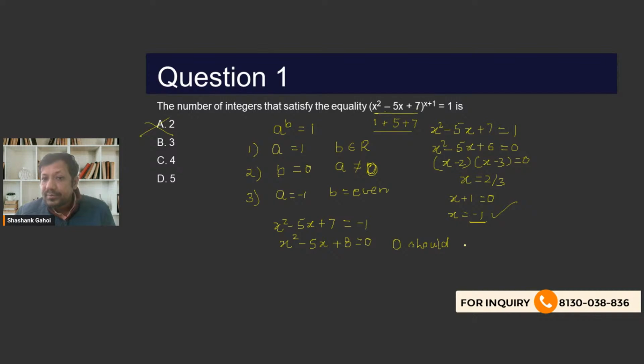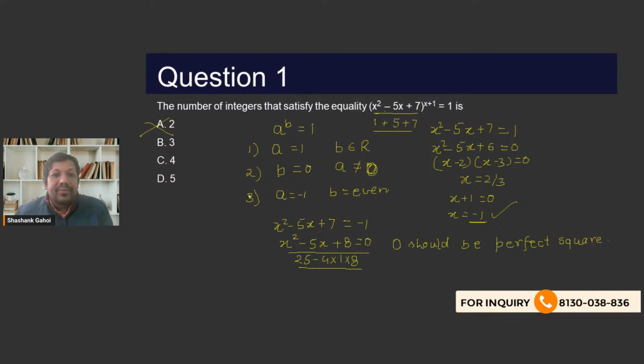And what is D? D is B square minus 4AC. So let us check for it. That is going to be B square, 25, minus 4, A is 1, C is 8. Now this value itself is negative. It means this equation does not have real roots.